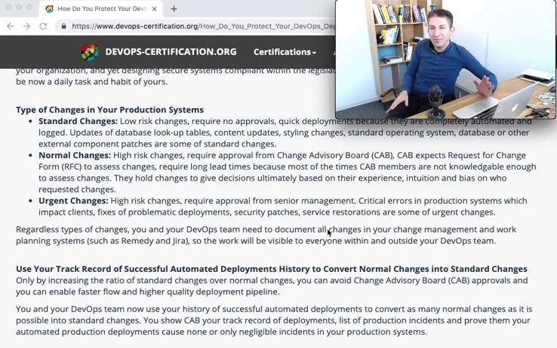It's also a very funny aspect because CAB members are also looking at who is requesting the change to be deployed in the production system, and if they had a very bad experience in the past with a certain team, it doesn't matter how good the evidence you provide, they will always be skeptical of what you are doing.